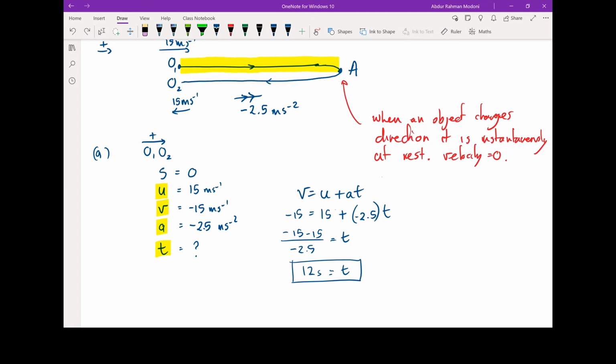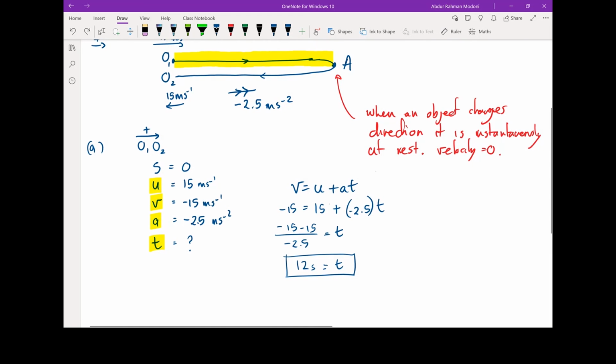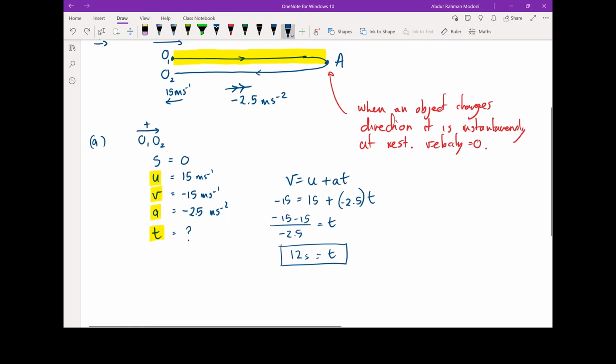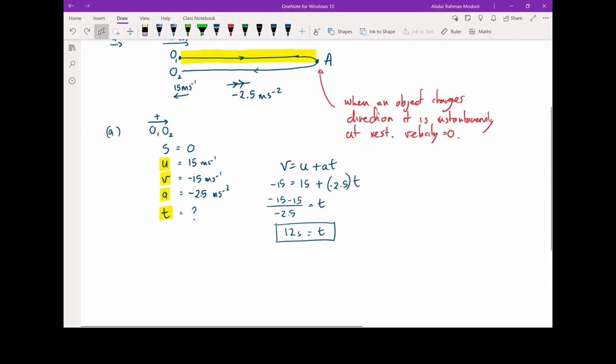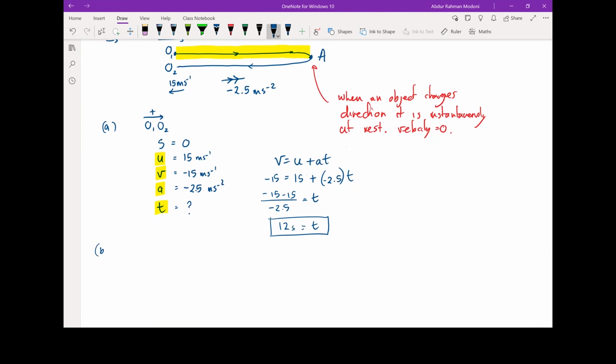So for part B, I'm going to start by writing down again where I'm going to apply Suvat. I'm applying Suvat between O1 and A. I'm going right as positive.